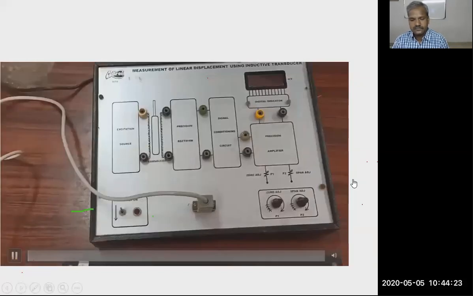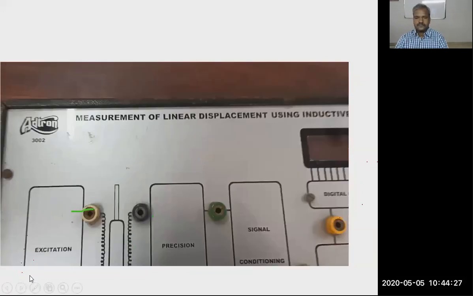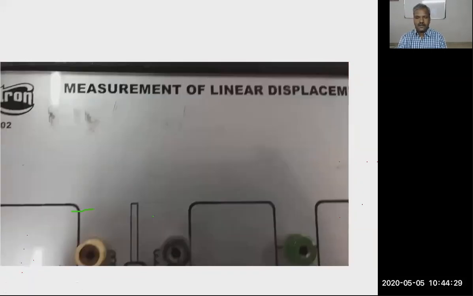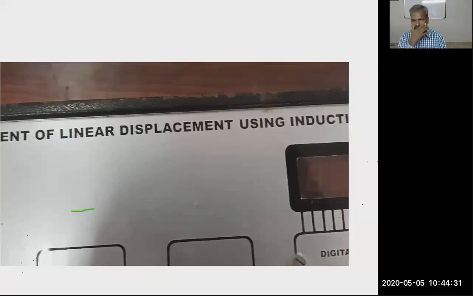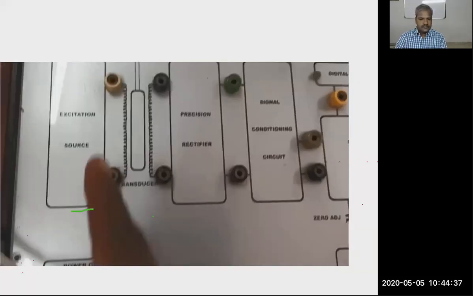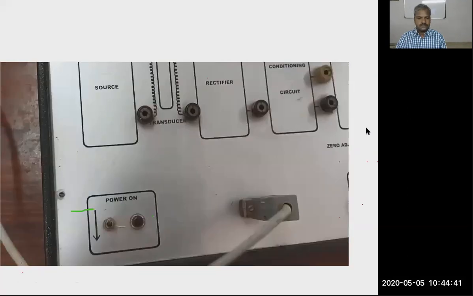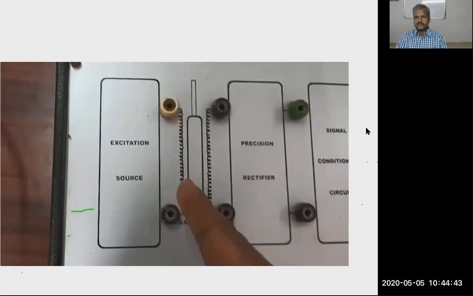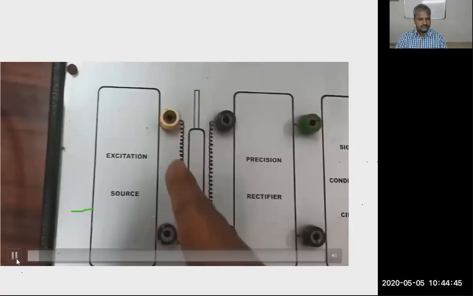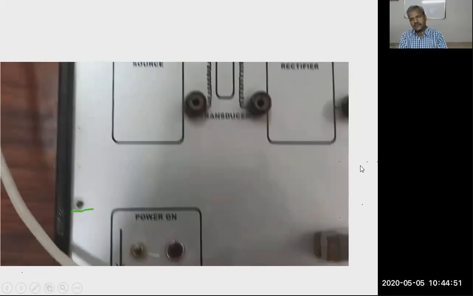Today, we are going to see the laboratory setup for the inductive transducer, the measurement of linear displacement using an inductive transducer. The inductive transducer consists of only a single primary and single secondary, whereas LVDT has one primary and two secondaries.